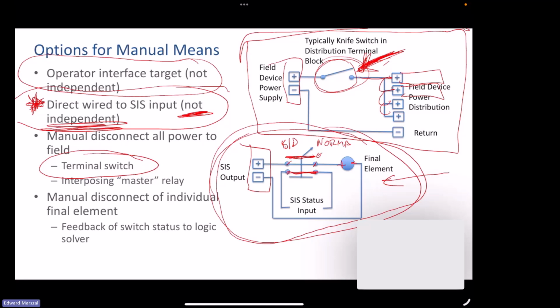Now, is this additional equipment capable of causing a spurious trip? Absolutely. What is the probability or what is the frequency of random hardware failures of switches? Vanishingly low.